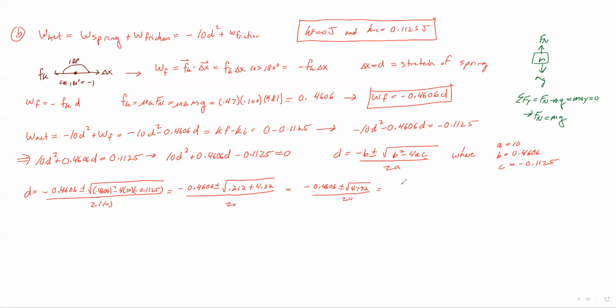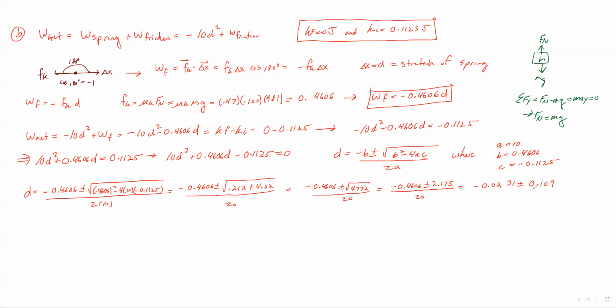That's going to be negative 0.4606 plus or minus 2.175 all over 20, which is equal to negative 0.0231 plus or minus 0.109.